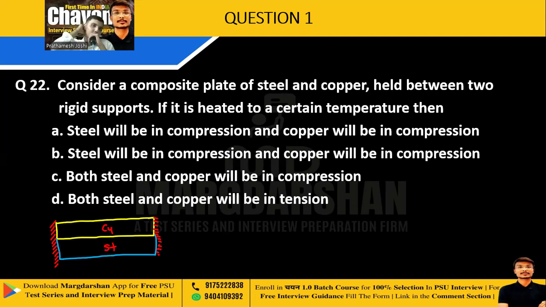Now we have to find which will be in compression and which will be in tension. I will explain conceptually. If this support was not here, alpha of copper is naturally greater than alpha of steel, so the copper would have expanded.